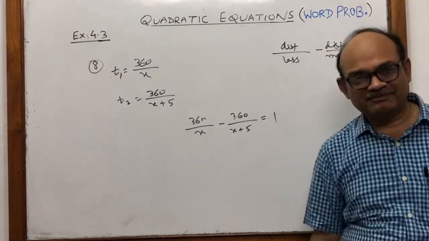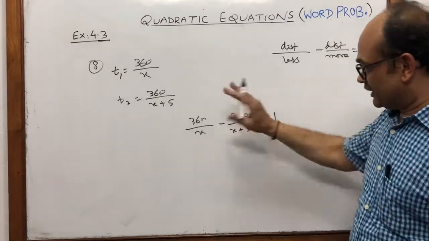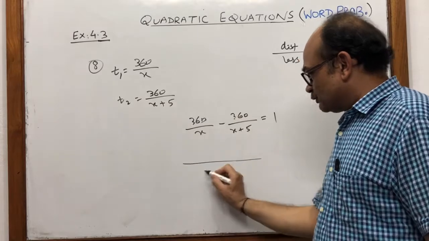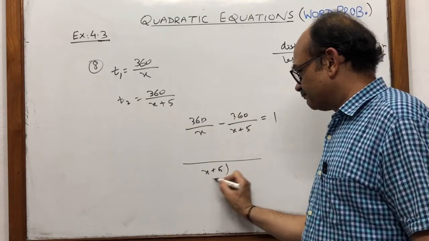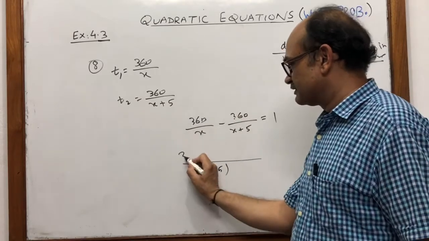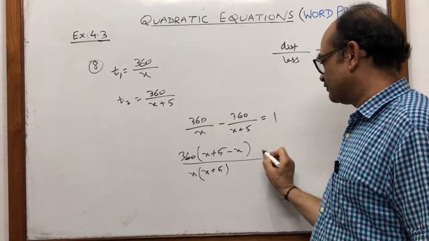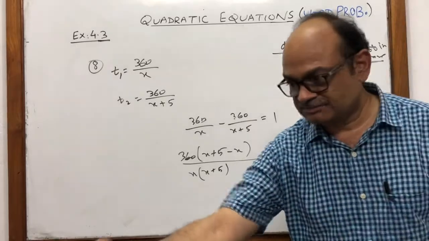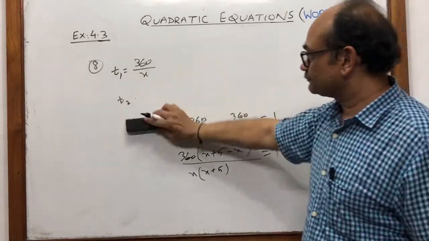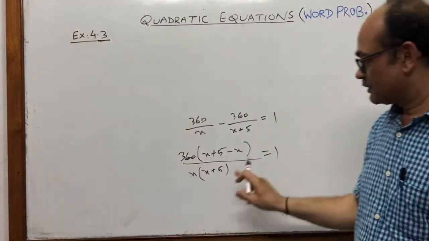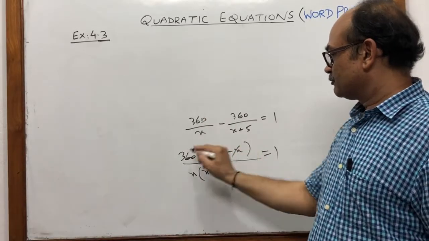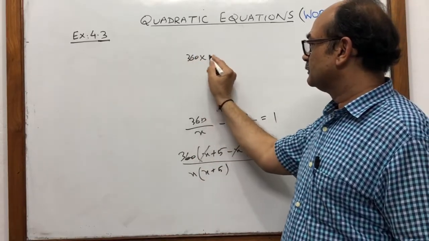This is our own simple shortcut method. So here, x into x plus 5 LCM. Here 360 common, x plus 5 minus x equals 1. Now cross multiply. Cross multiply, 5 equals.